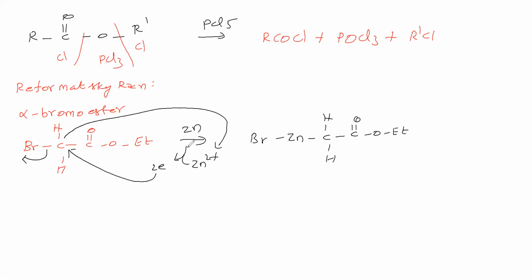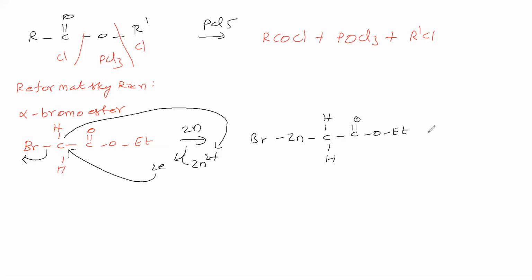Now you see that zinc gives 2 electrons attacking carbon. Br is leaving as Br minus. This C is getting 2 electrons, therefore C minus attacks Zn2 plus. So C minus makes a bond with Zn2 plus. Therefore, Zn2 plus becomes plus 1. That plus 1 will be balanced by Br minus. Therefore, we got like this. This is called an organometallic compound.